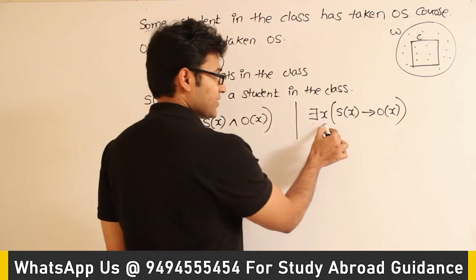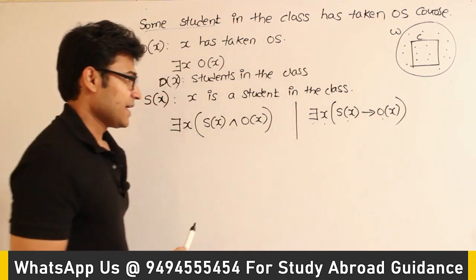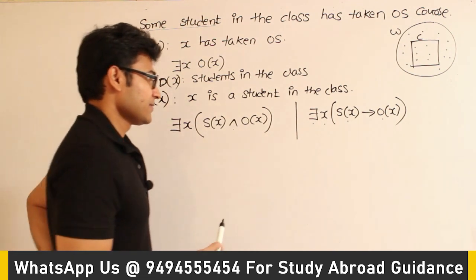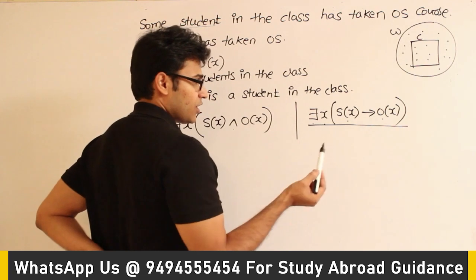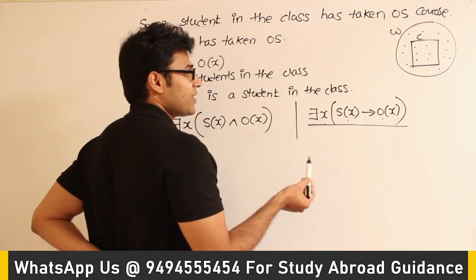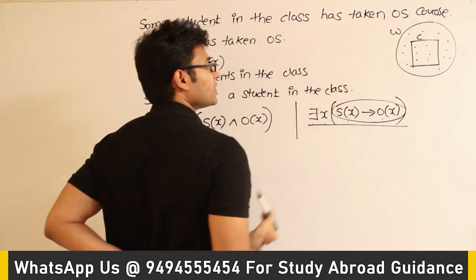Now there exists X, S of X implies O of X. The problem with this one is, this entire statement will be true if you are able to find out at least one value of X for which this statement is true, isn't it?